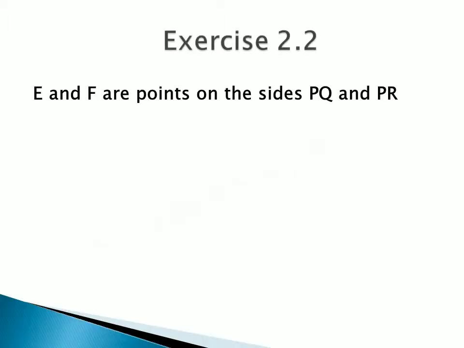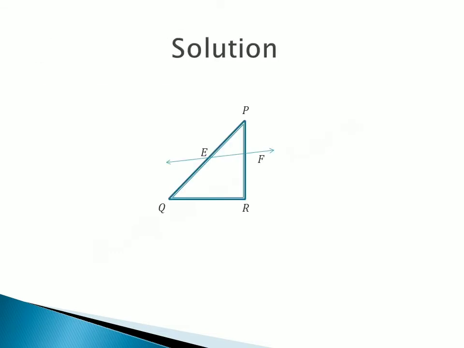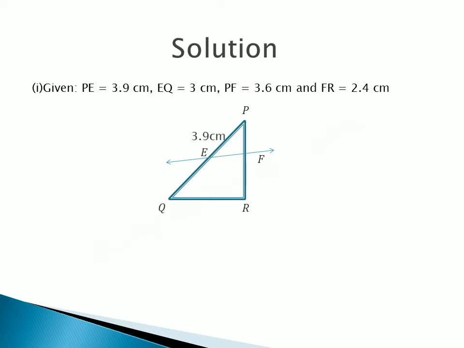Exercise 2.2, you have already read the problem. In the CBSE textbook, it is 6.2, second problem of the exercise. Solution for the first problem: you have to draw a rough triangle. You need not draw a right angle triangle.